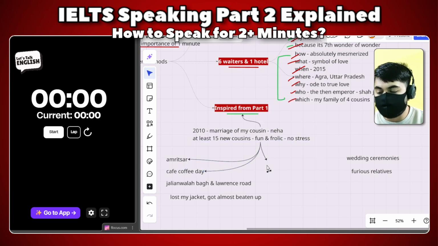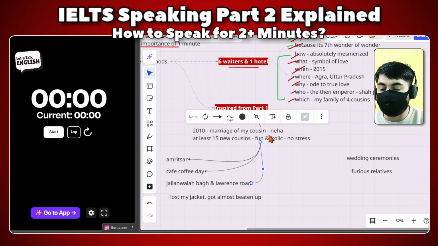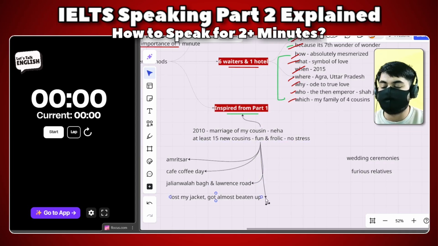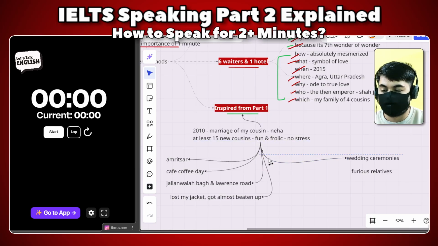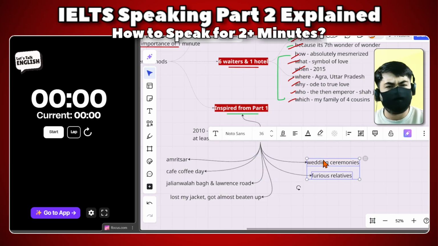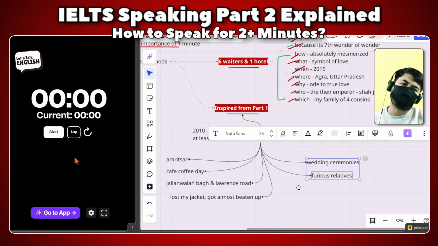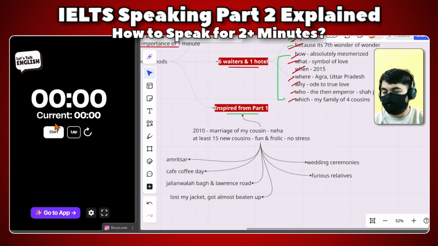Like what you would do is you would just touch a point, and then you would just extend. Okay, so these are my pointers. You could have a lot of other pointers, and I'm so excited to start it, right? So I'm starting in three, two, one.